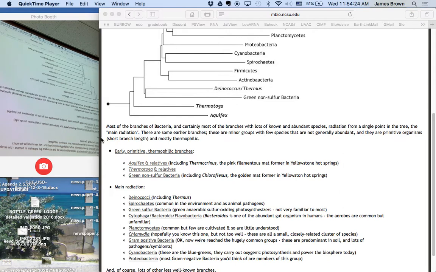And then the Proteobacteria. In the classical division of bacteria, there are basically the gram-positives and gram-negatives. Most of the organisms you think of as gram-negatives are Proteobacteria.